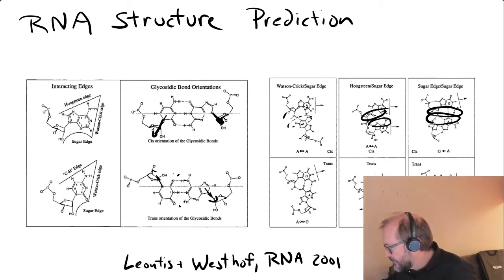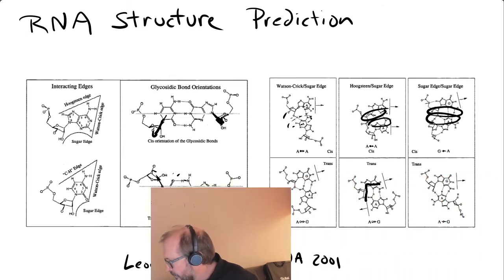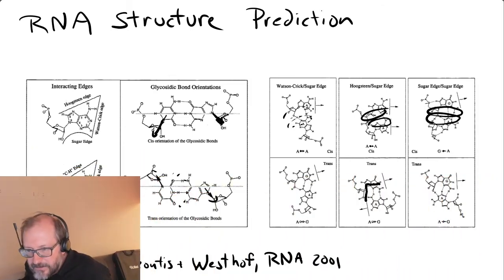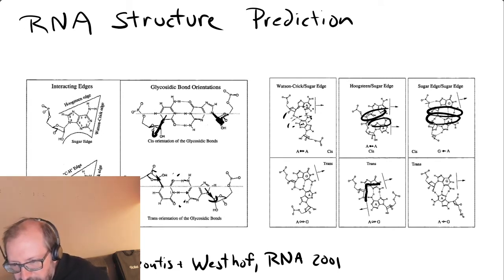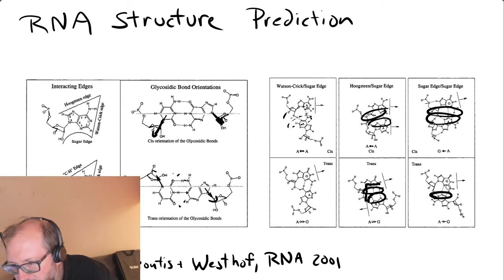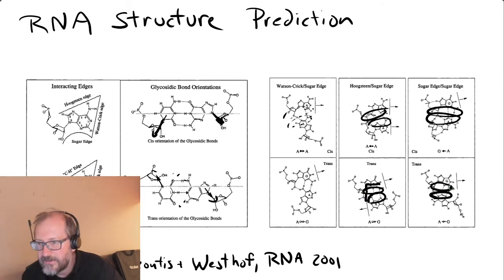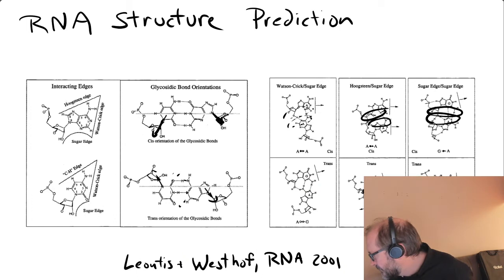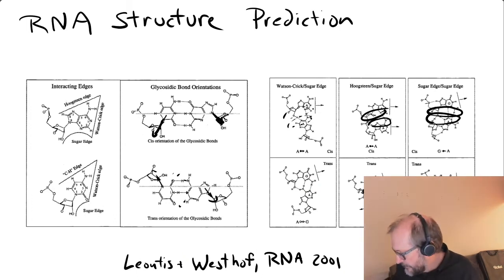And oops, I'm sorry, I put my picture on top of the last two over here. Let's move it temporarily over to one side. And here you see examples of that would be a Hoogsteen here with a sugar edge there, and then here's a Watson-Crick with a sugar edge, and all three in this bottom row are of course trans, as stated there.